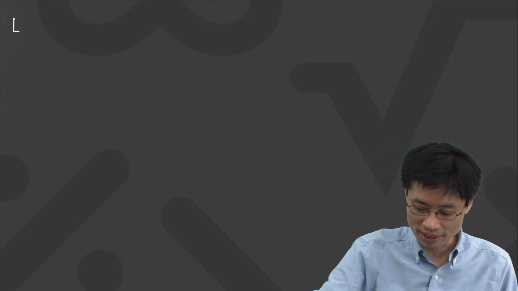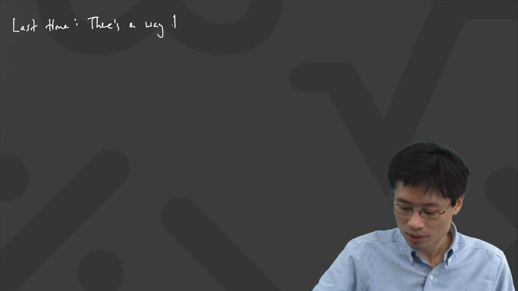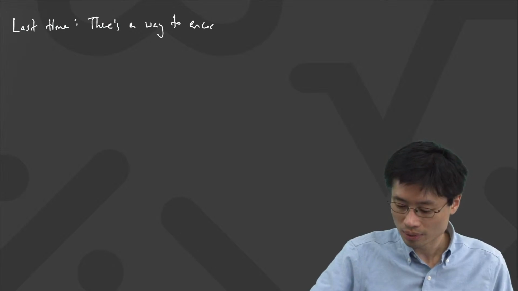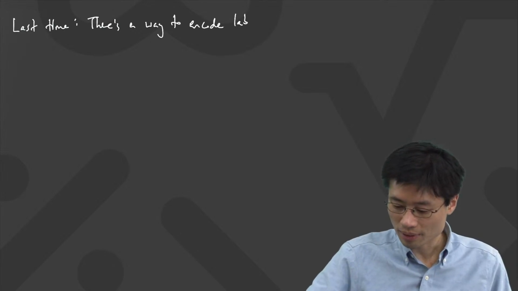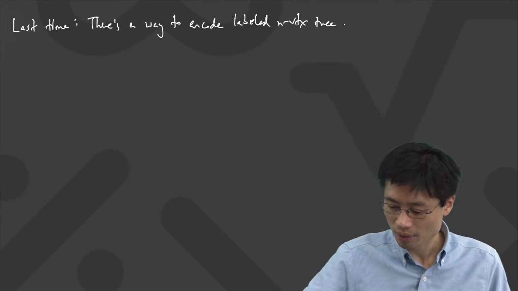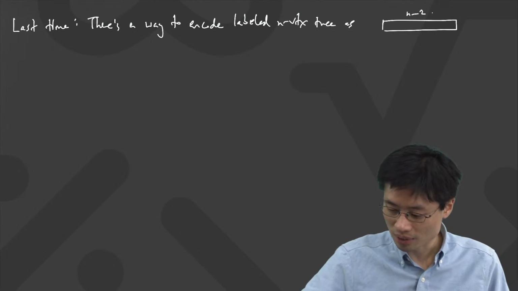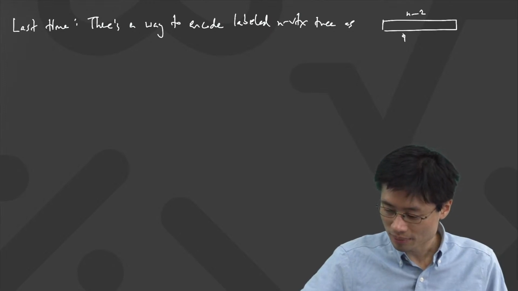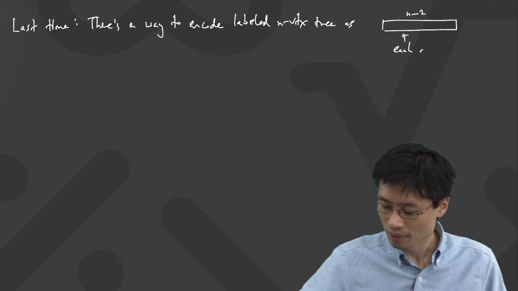Last time we showed something very exciting. What we showed is that there's a way to encode a labeled n-vertex tree as a strip of numbers n minus 2 long, and each number is something between 1 and n.